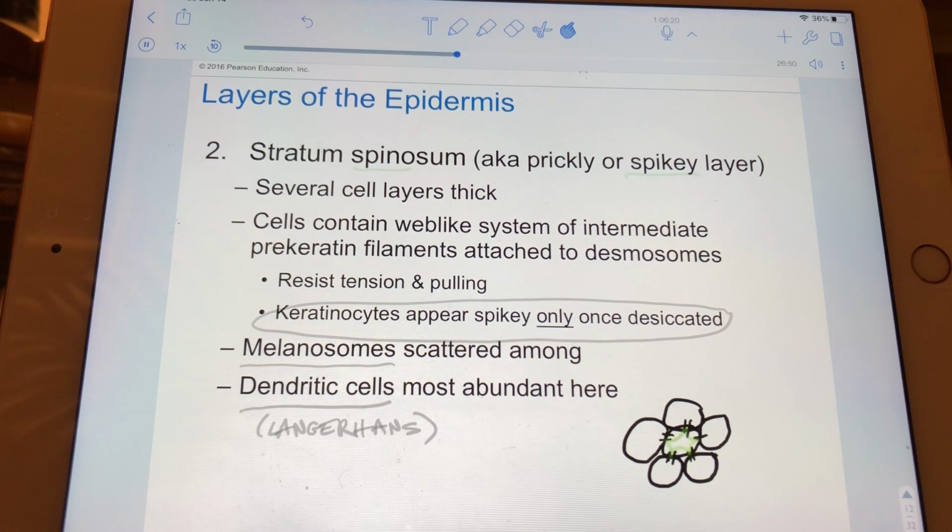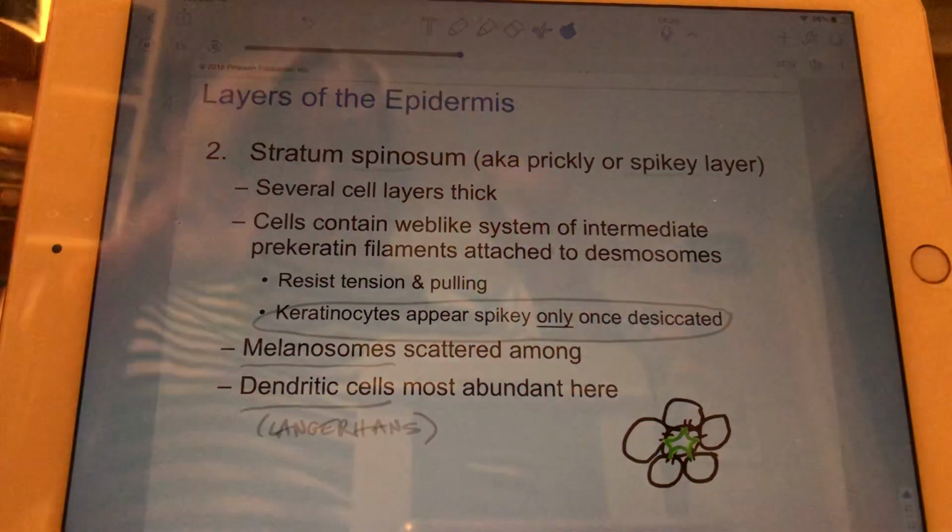Okay. When this guy desiccates, you even see that green. Okay. The now dried out, withered keratinocyte looks kind of spiky.